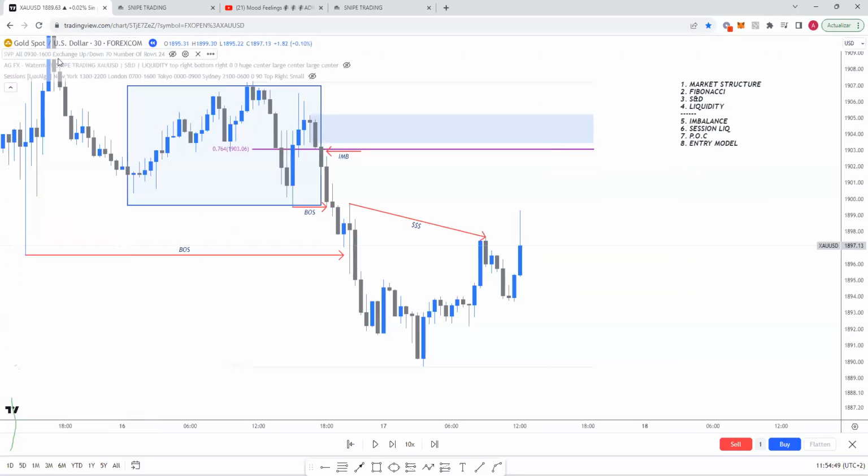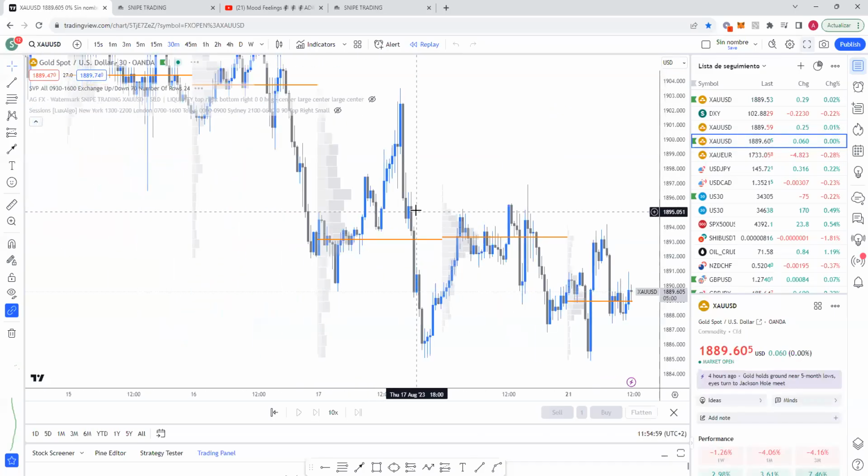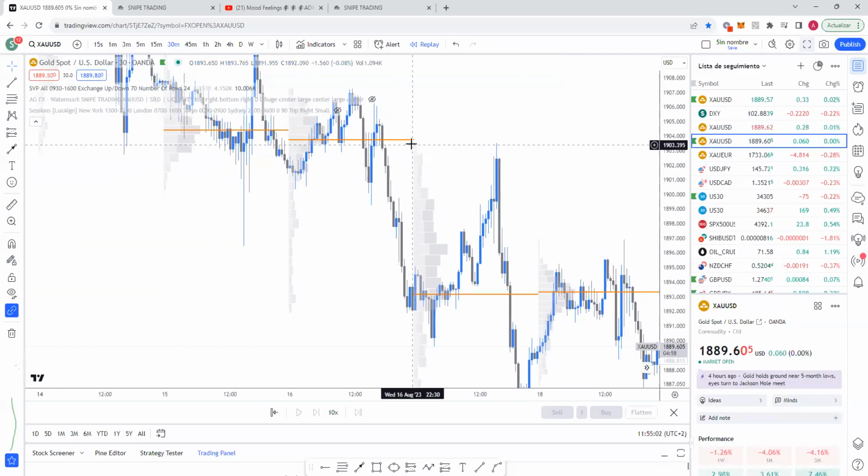Now let's look at the point of control. It's not loading on this chart. Let me go to another one. Let's see if we had it. I think we did have it. So we did have the point of control, okay?